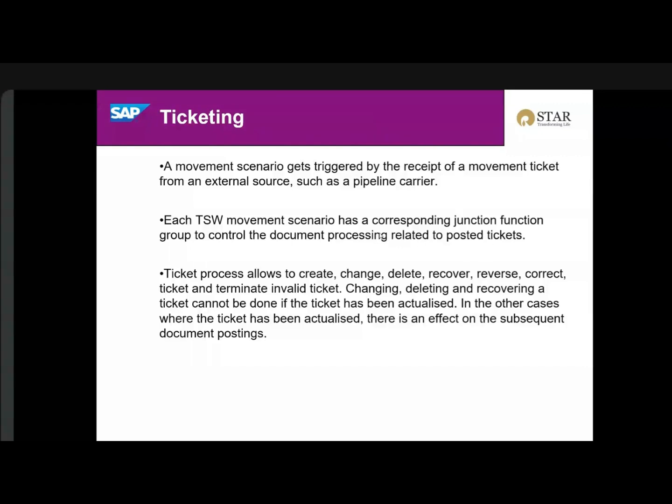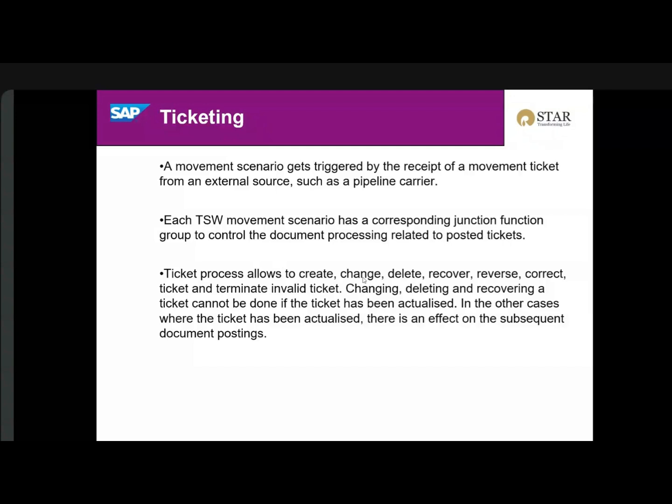How to configure this movement scenario is all done through a tool called junction function. In this junction function we configure what documents are to be created and in what sequence, all these things we define here.